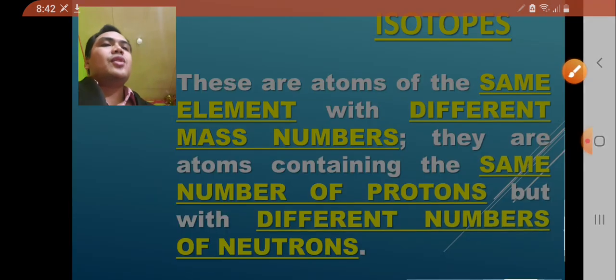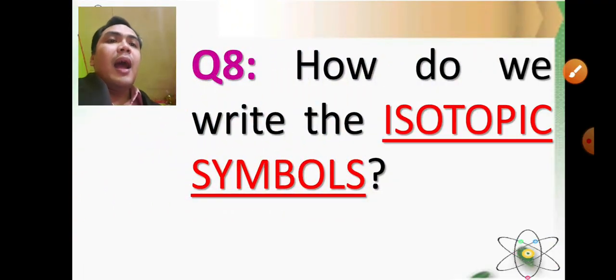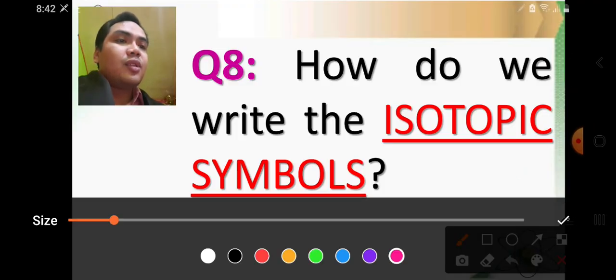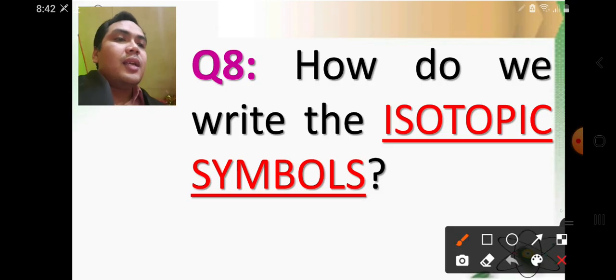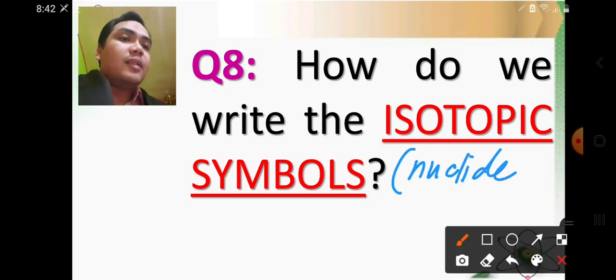Okay? So to continue, how do we write isotopic symbol? So take note class with this example. So to write the isotopic symbol, and in some references, isotopic symbol, by the way, is also known as the nuclide symbol.